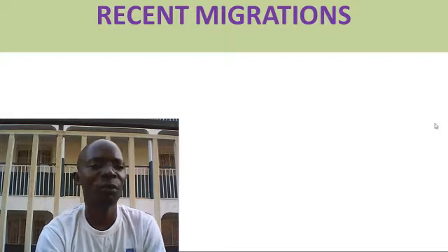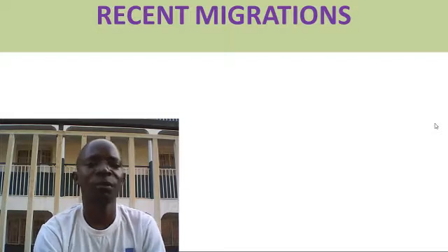That time it was ancient migrations, why the people of long ago migrated. But today we want to look at why people migrate today, the reasons for current or recent migrations.